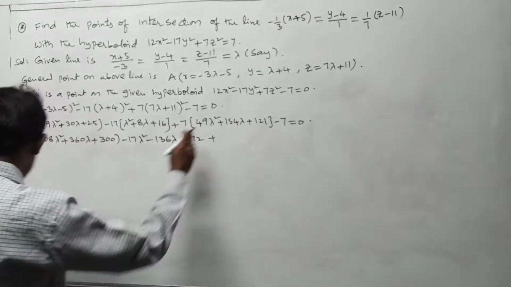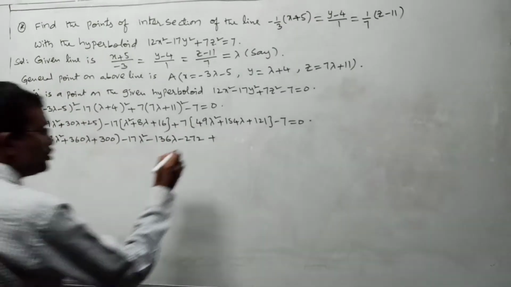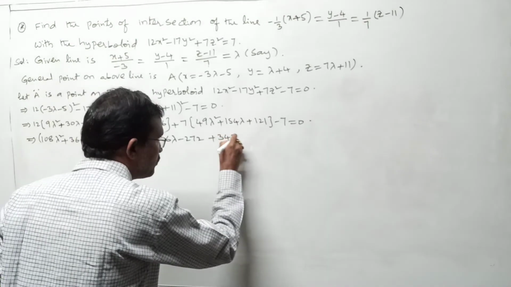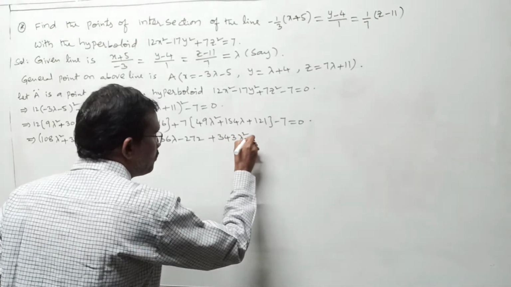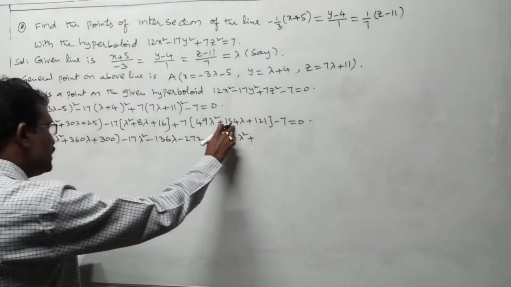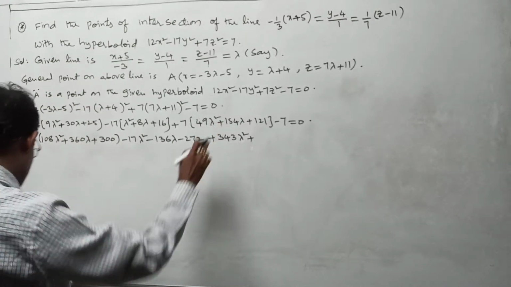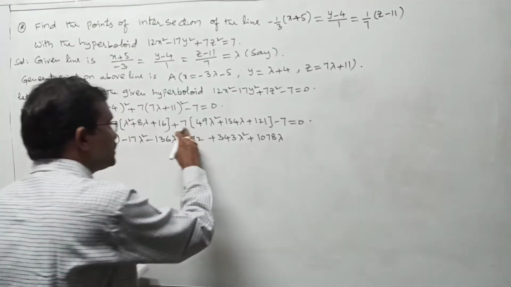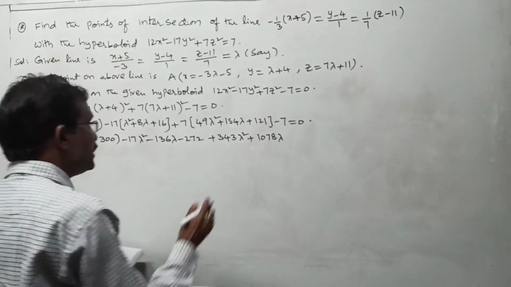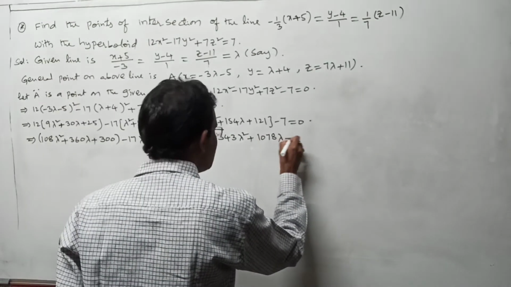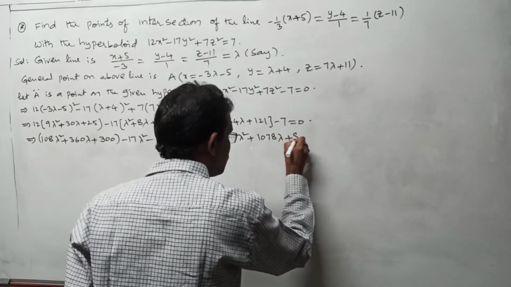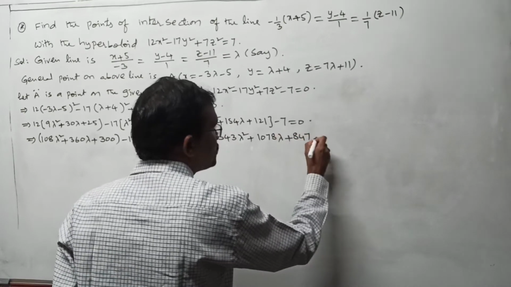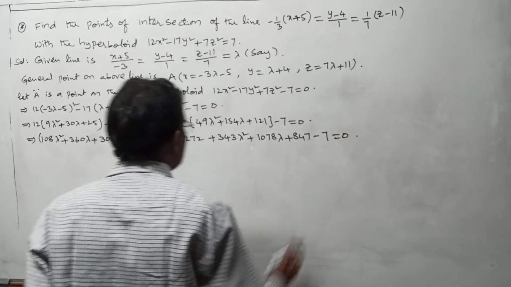Plus 7 into 49, it is what? 343. Directly I am writing, you can calculate. Plus 7 into 154, it is 1078 lambda. 7 into 121, it may be 847, plus 847 minus this 7, I am writing as it is, which equals 0.